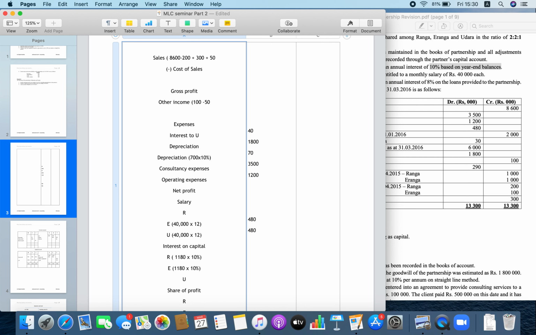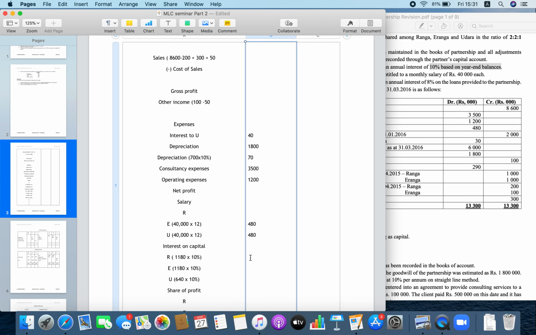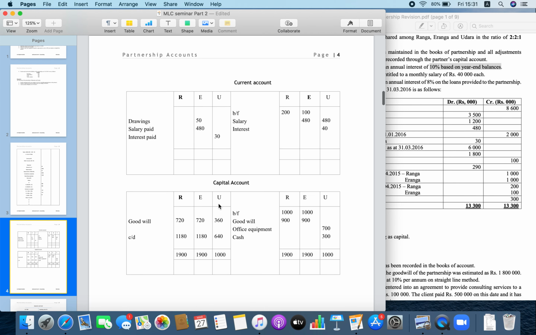And Udara has a capital account balance of 640, so that also into 10%. Right. So guys, that will now be 118, 118 and also 64. Right. So remember, what is the double entry for interest on capital? Appropriation account is debit and current account has to be credit.